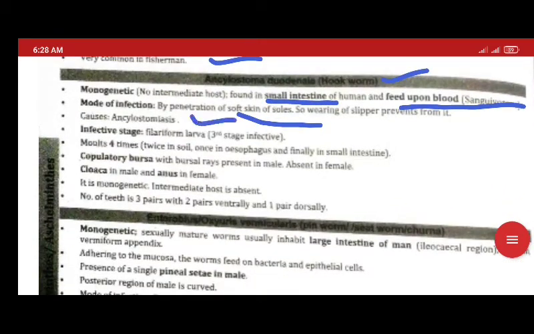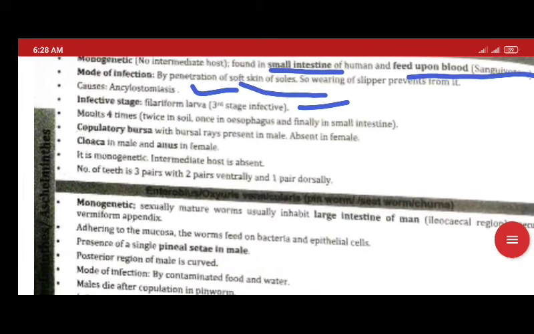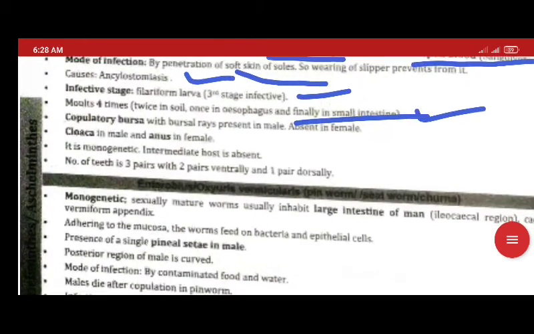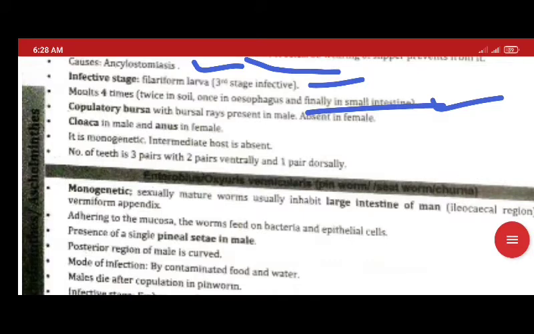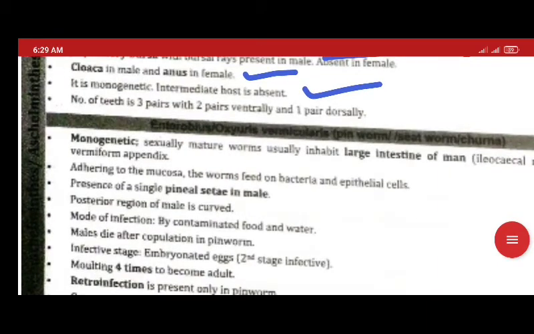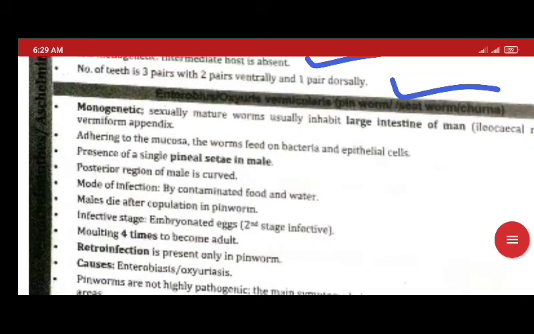It causes ancylostomiasis. The infective stage is the third stage here. It molts 4 times, with the final molt in the intestine like Ascaris lumbricoides. Round to colica in male and anus in female. It is monogenetic, and the intermediate host is absent. The number of teeth is 3, with 2 pairs ventral and 1 dorsal.